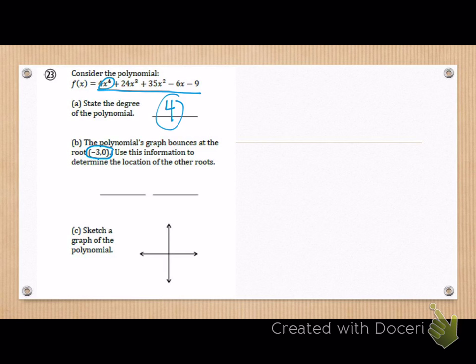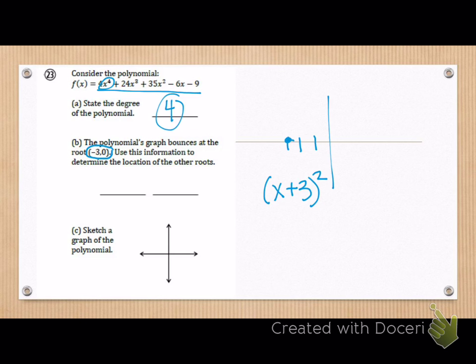If it bounces at that root, first of all, that means that at -3, it's going to be a bounce, which means if I were to use this as a factor, it would be x plus 3 quantity squared. So I can either divide that into my original and find out what my other ones are, or I can divide just one of those into my polynomial.